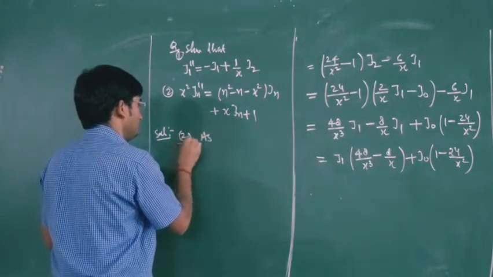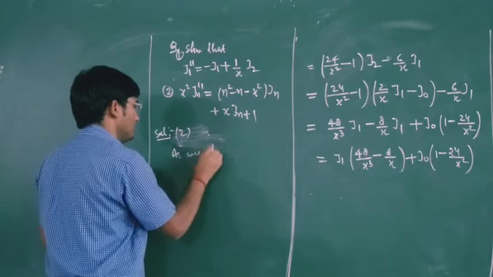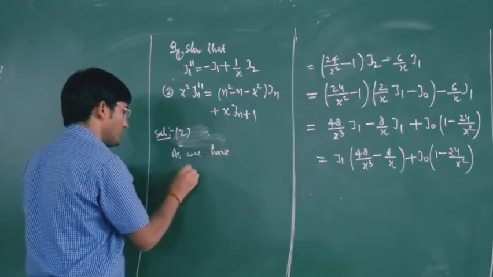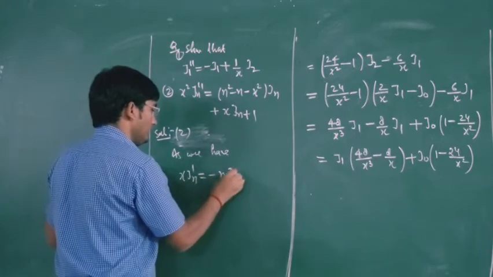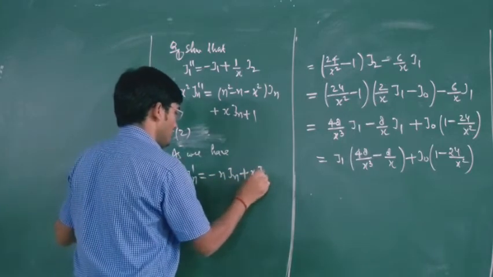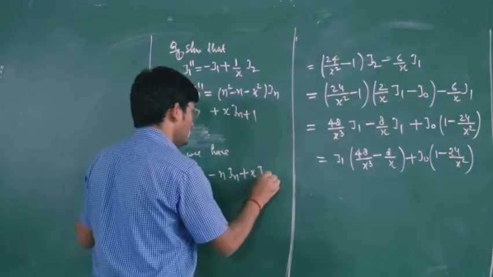Solution of the second part. As we have this recurrence relation, x Jn dash equal to minus n Jn plus x Jn minus 1.